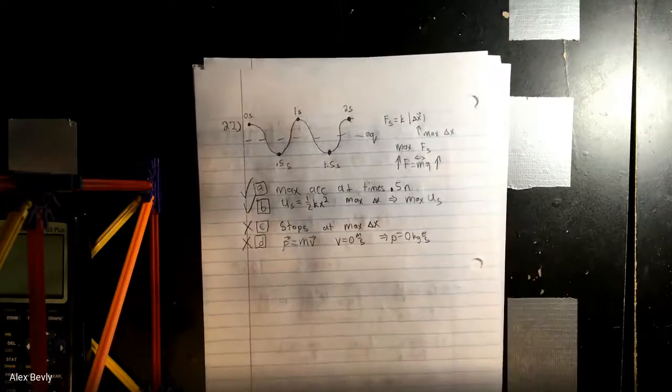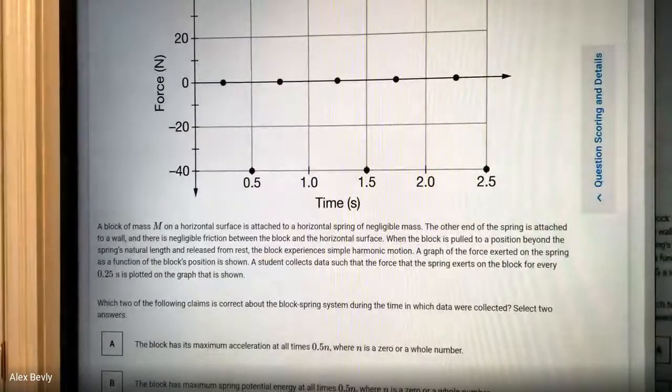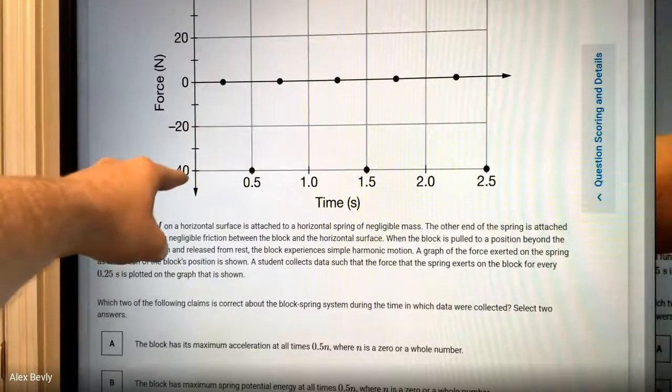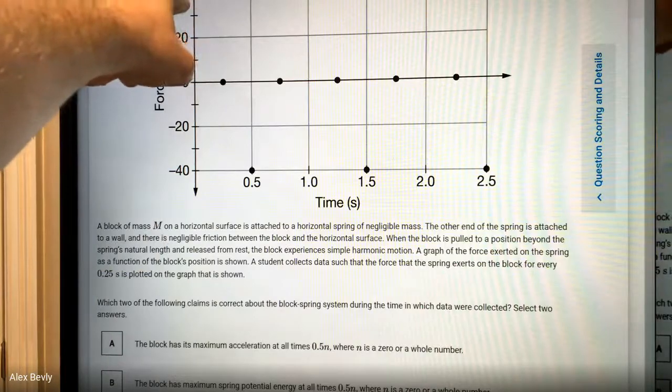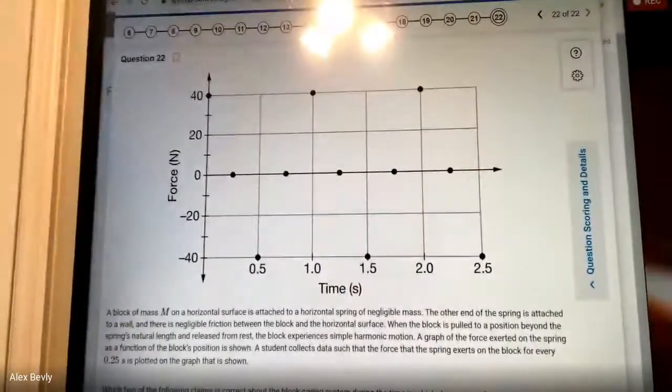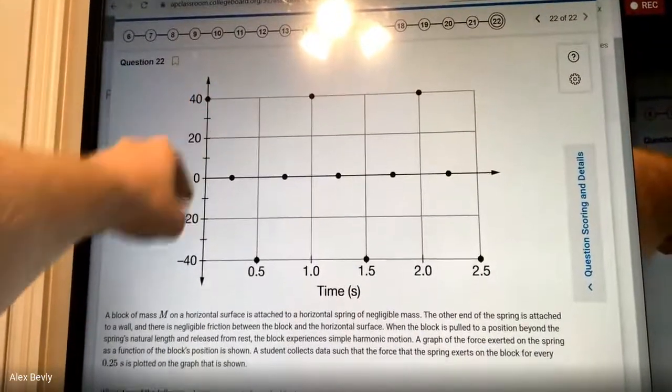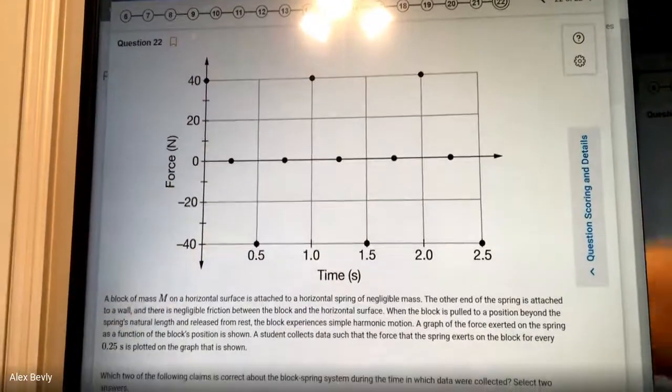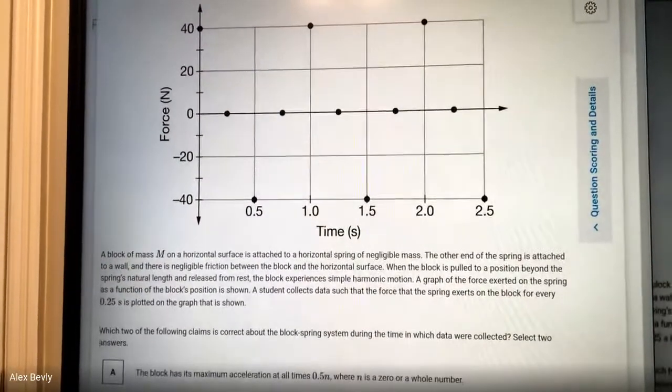Other questions? So why maximum acceleration at endpoints? So one thing we can look at is just looking at our graph. If we have a big force, we have a big acceleration, right? So our endpoints are where we have the biggest force. Where we have our biggest force is where we're going to have our biggest acceleration.